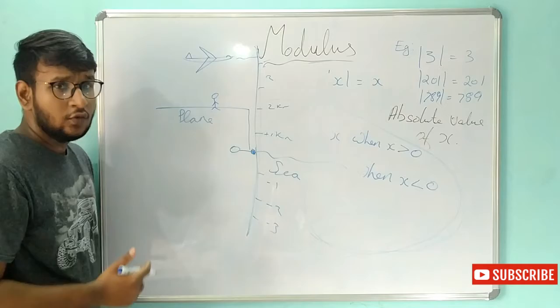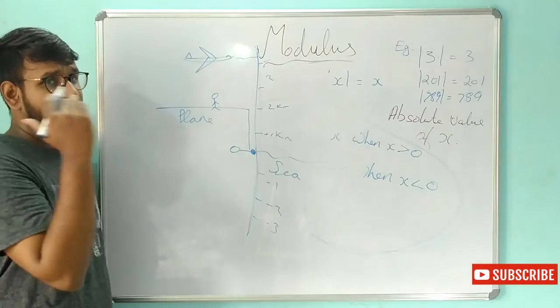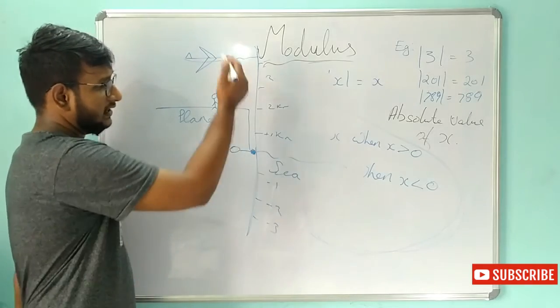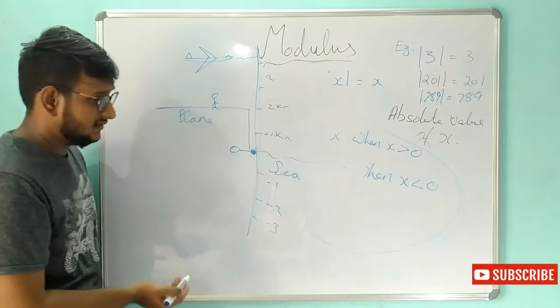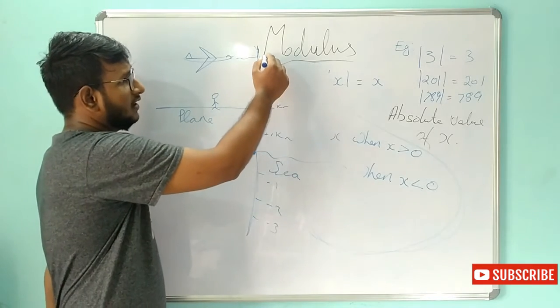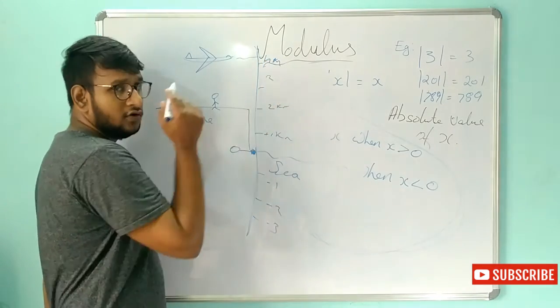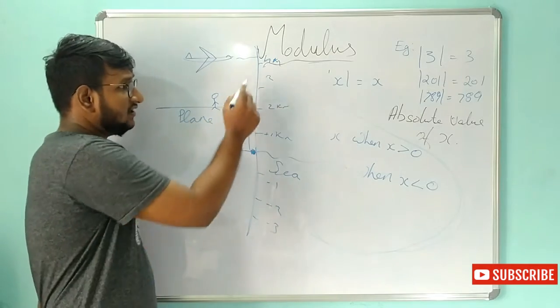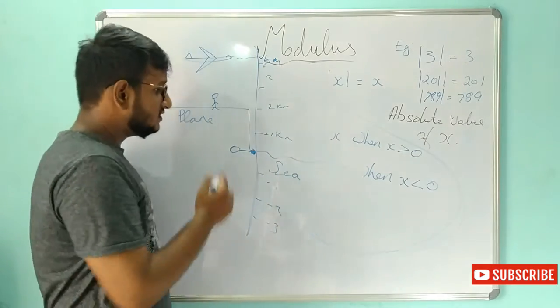To calculate the altitude at which the flight flies, you imagine a number line like this and say that it is flying about 4 kilometers above the sea level. This is how we have to say it.